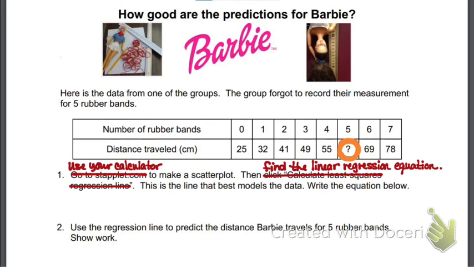So my equation here, if I was going to write this regression equation down, y, and then we put this little hat over the top of it, equals A comes first. This is my y-intercept. I'm going to take that out to about 2 decimal places. So 25.33.